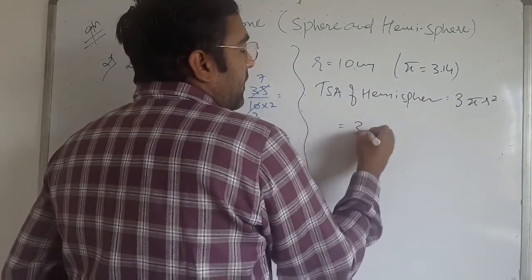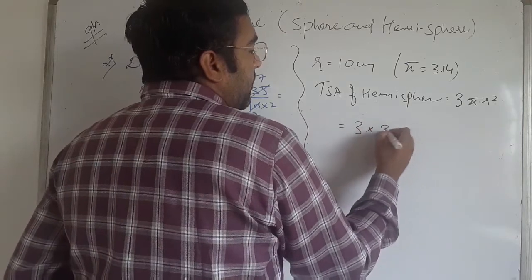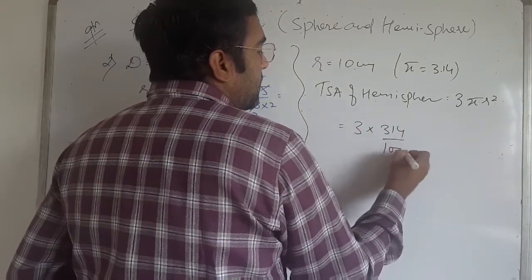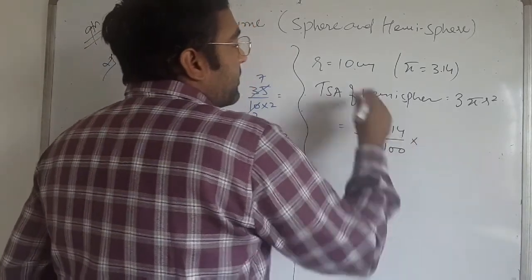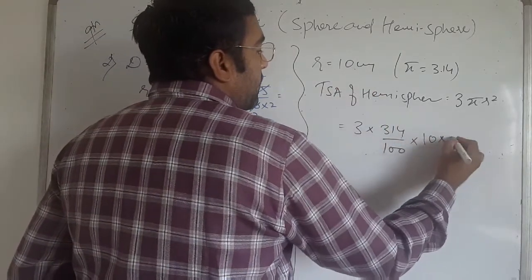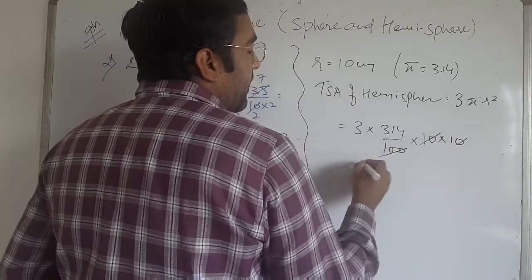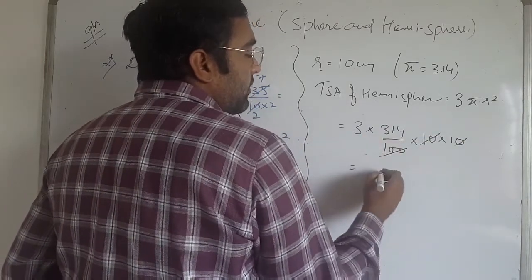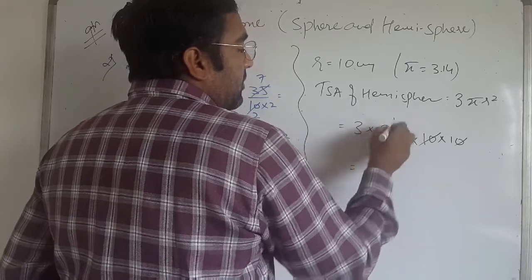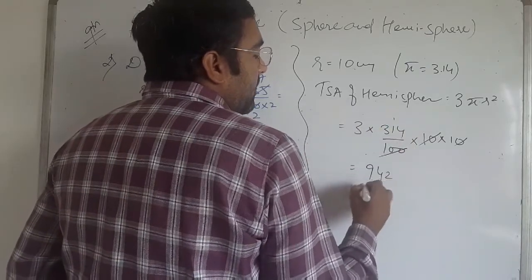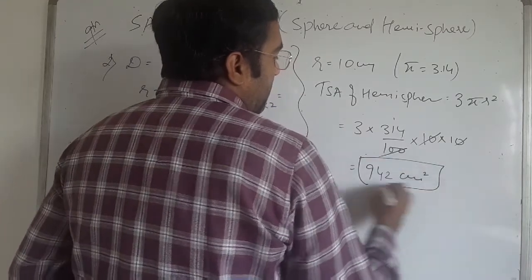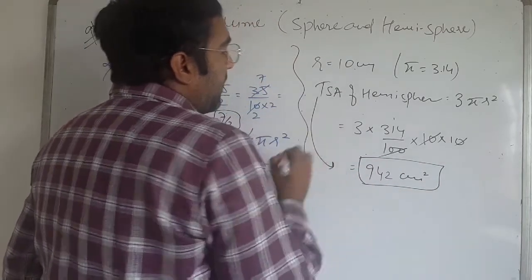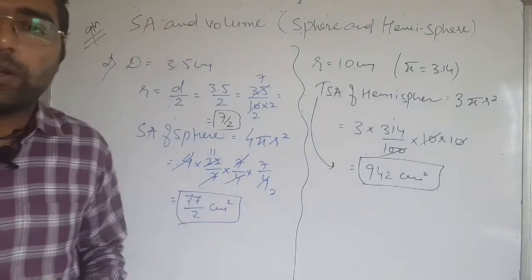So 3 into the value of pi, that is 3.14, that means 314 upon 100, into r square, that is 10 into 10. So 10 tens are 100 and that cancels out. So 3 4s are 12, 1 carry, 3 1s are 3 plus 1 is 4, 3 3s are 9. Then 942 centimeter square. This is my answer for the total surface area of the hemisphere.